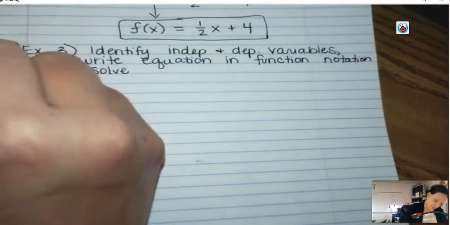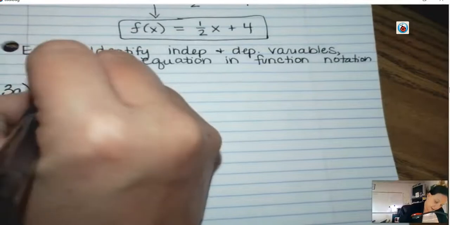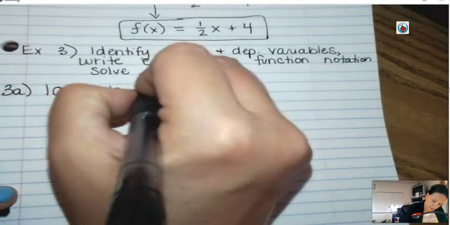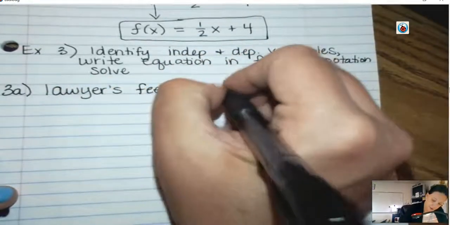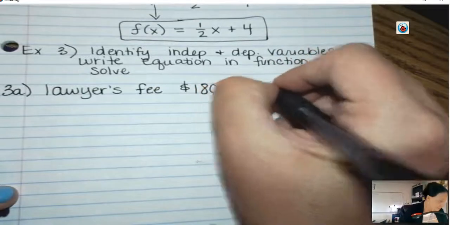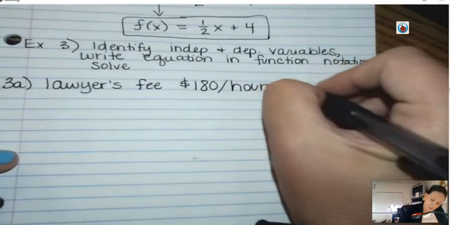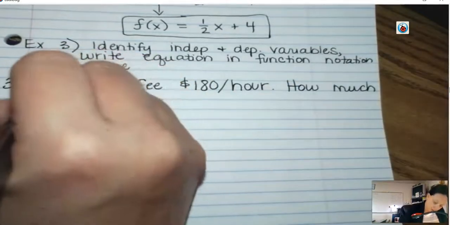Okay, so here's example 3a. A lawyer's fee is $180 per hour for his services.